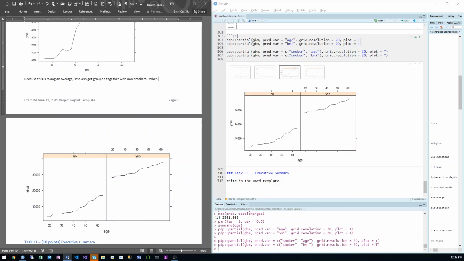When I split by smoker status, I see that the impact of age on claim costs is more severe, steeper for smokers than non-smokers.